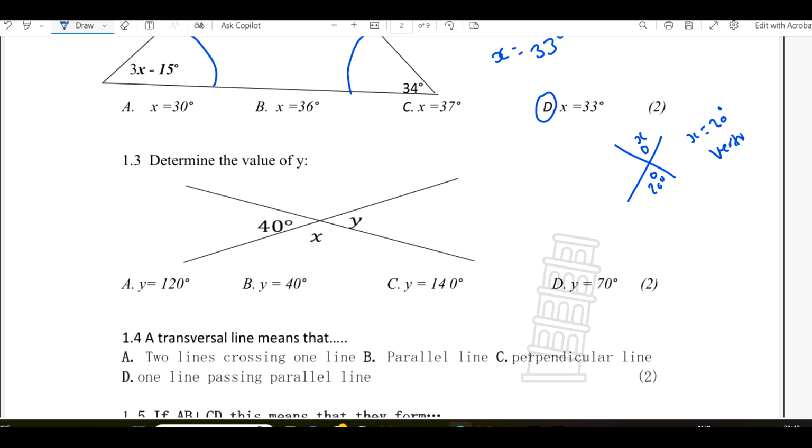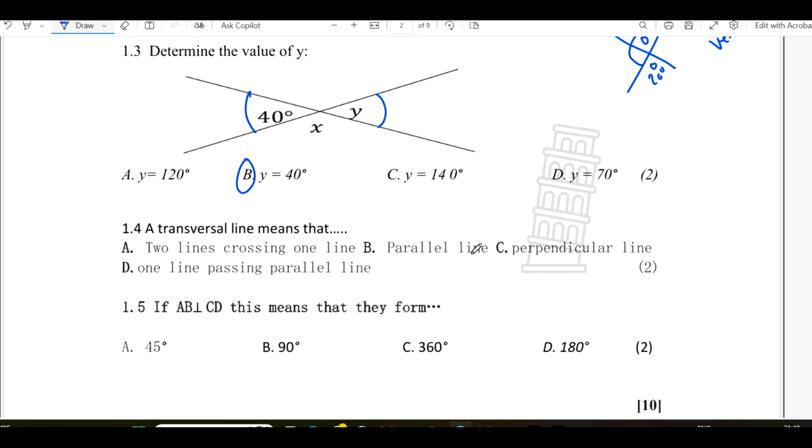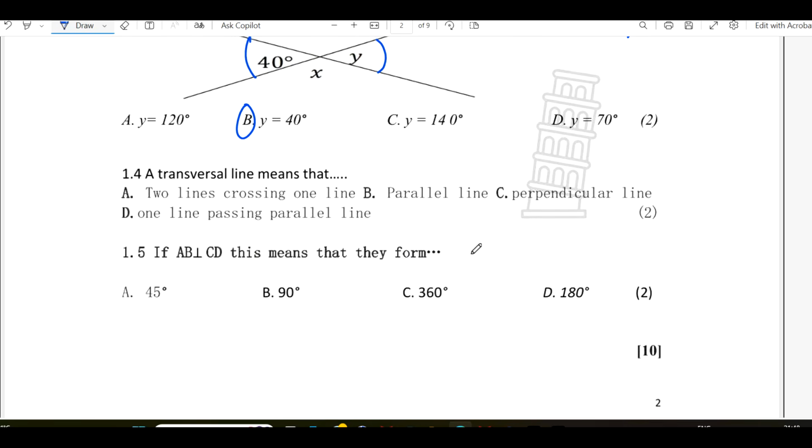Reason is vertical opposite angles. And these angles here are angles on a straight line. And here we have 40 degrees and we have y here, meaning that y equals 40 degrees. So my value of y is going to be B.